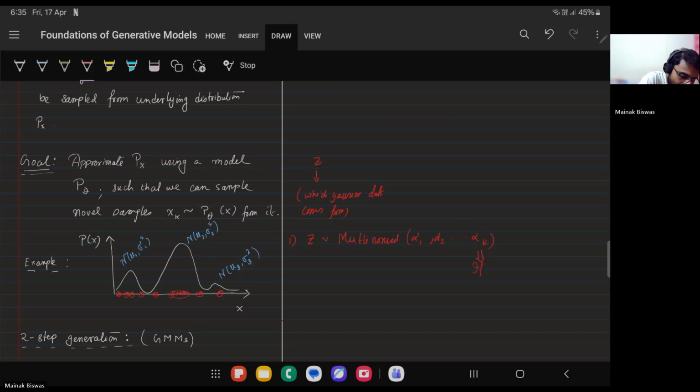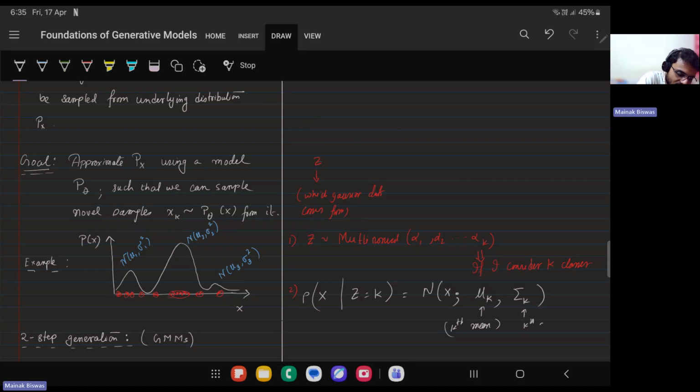If I consider the kth class, your data, let us say X is the data. We will say that this is going to be distributed as, this is the notation I'll follow, X is the random variable, going to have the mean mu k, the kth mean, and the kth standard deviation or variance, covariance.